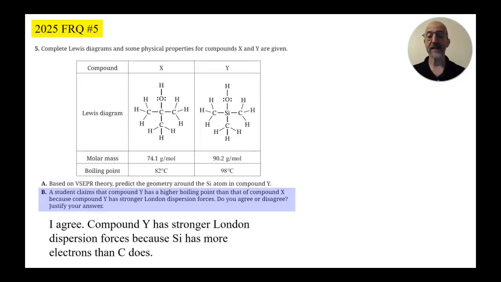They said because silicon has more electrons than carbon does. Now, they're not wrong. Silicon definitely has more electrons than carbon. However, this answer says nothing about whether you understand what London dispersion forces actually are. So you may know there's a word that is often used with London dispersion forces, and that word is polarizable or polarizability.